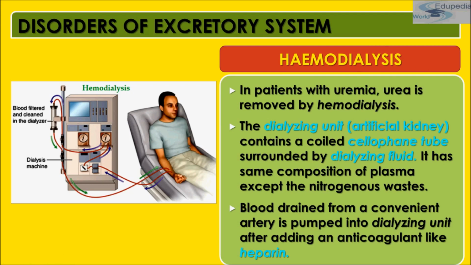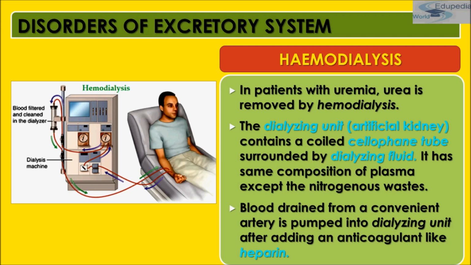It is the process of treatment by which excess urea is removed from the blood of a patient suffering from renal failure, where the blood urea level increases abnormally, and the condition is called uremia.